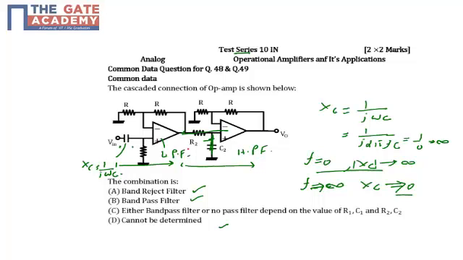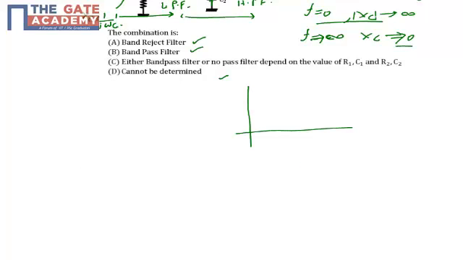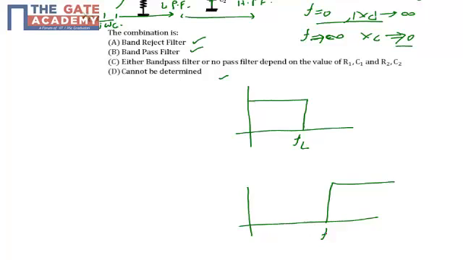So basically we have a combination of a low pass filter and a high pass filter. The low pass filter has a cutoff frequency FL, and in series we have a high pass filter with a cutoff frequency FH.